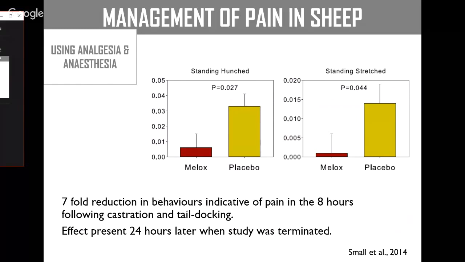I mean, basically at 8 hours after castration and tail docking, it was found a 7-fold reduction in behaviors which are indicative of pain when comparing meloxicam-treated animals with placebo-treated animals. And the effect of meloxicam was present as well 24 hours later when the study was terminated.